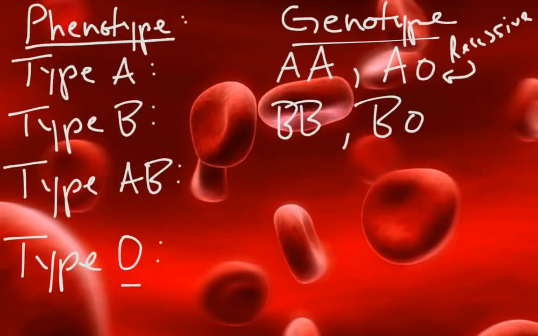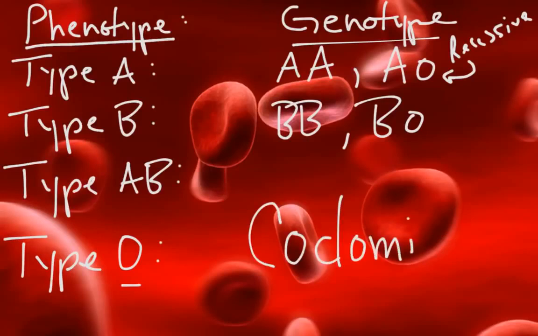Now, interestingly enough, A and B are both completely dominant to O, but A and B are codominant to each other. So if you'll recall, codominance is when both alleles show up. So A and B are both dominant, and when you inherit them together, you get both types of blood.